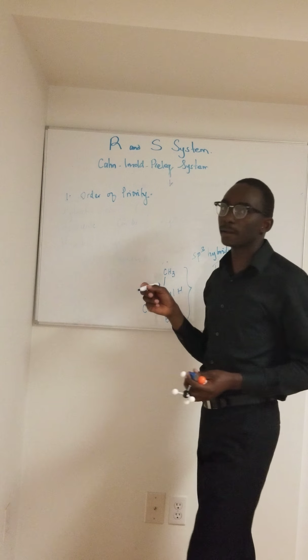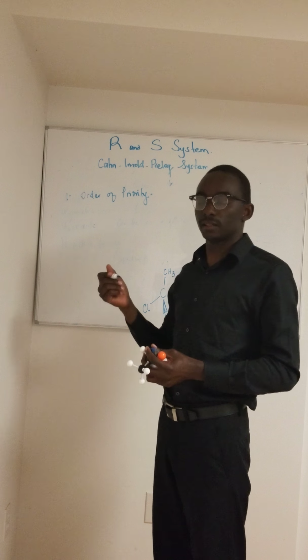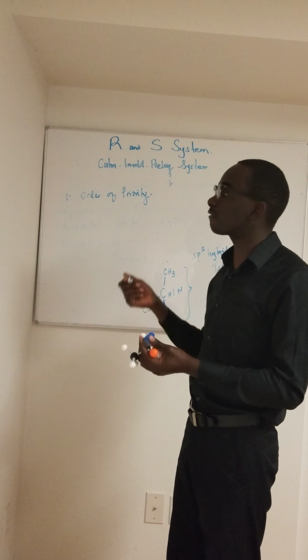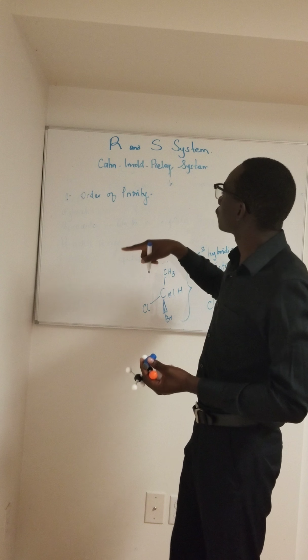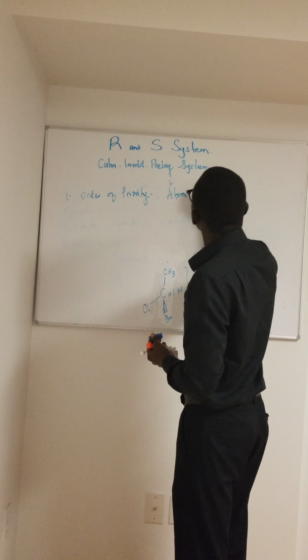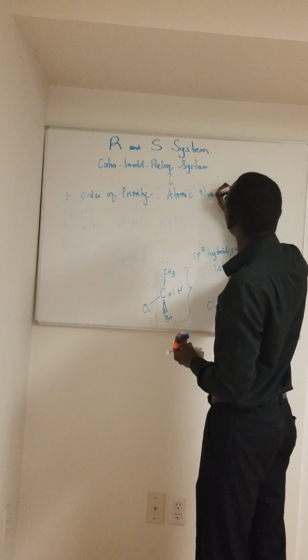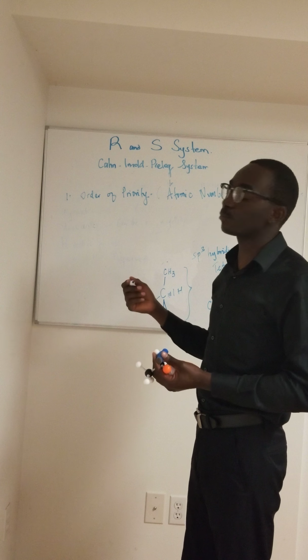So remember, in the E and Z system of naming alkenes that do not have a hydrogen in their sp2 carbon, we use the order of priority in form of atomic numbers. So the higher the atomic number, the higher we give the molecule first priority.